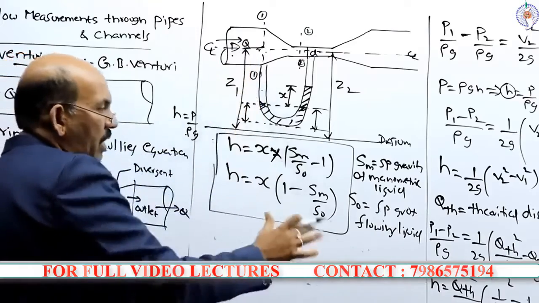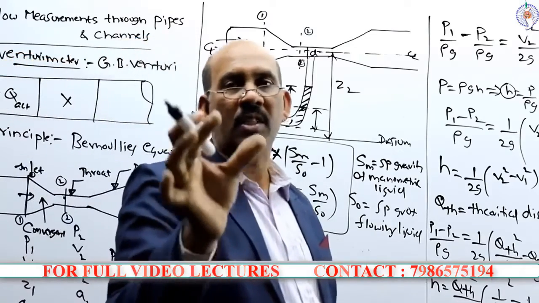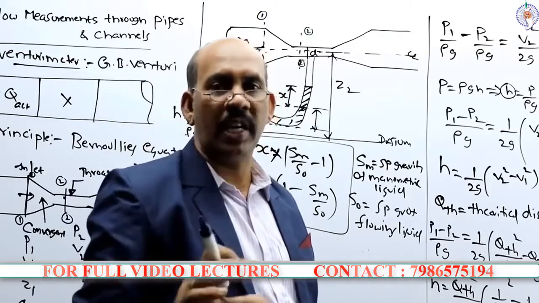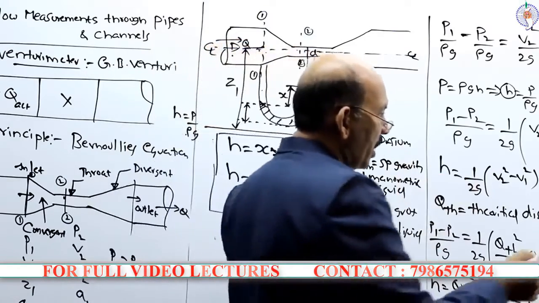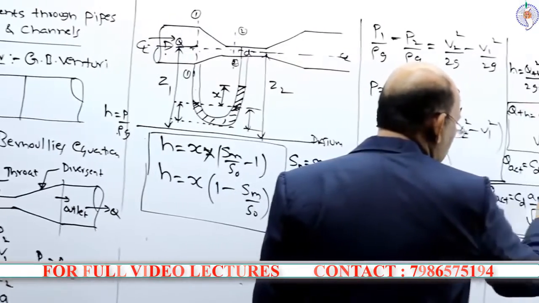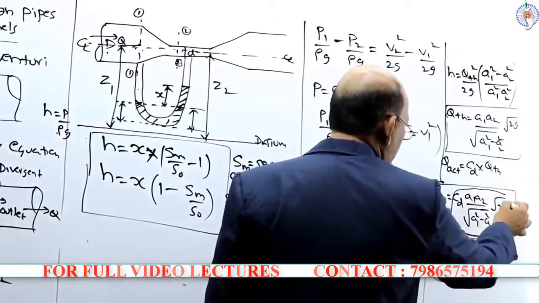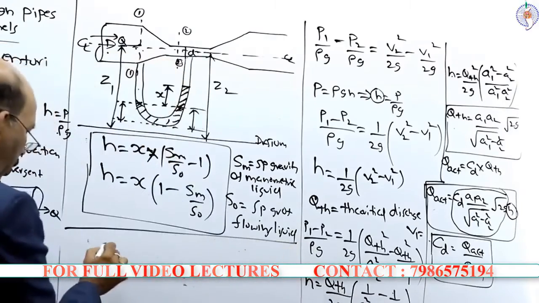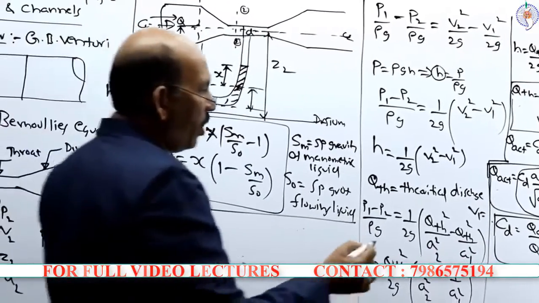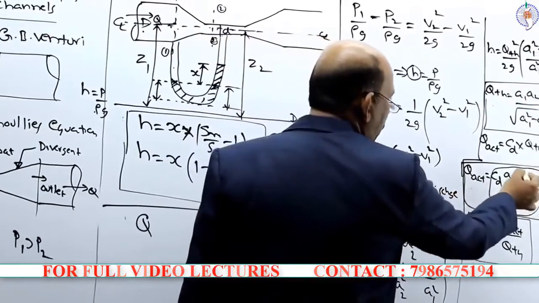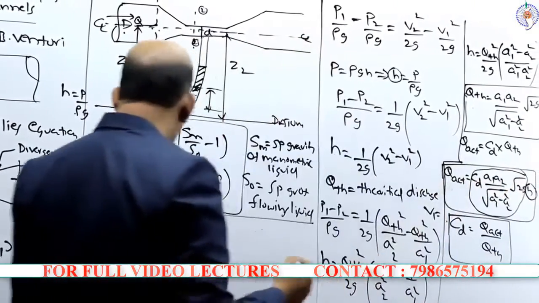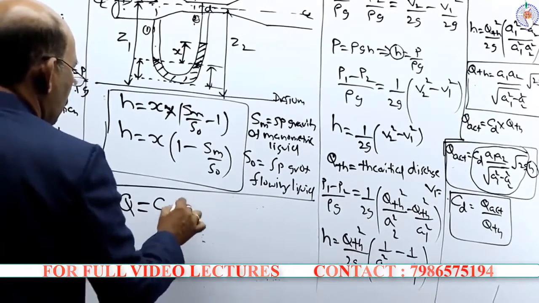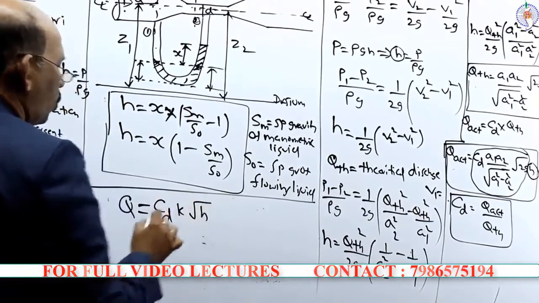So now, knowing just the value of H, that is the differential pressure head or Venturi head, we can use it in this equation, where all the other terms are constants. That means this whole term is constant, so I can write Q is equal to CD into some constant into root H.